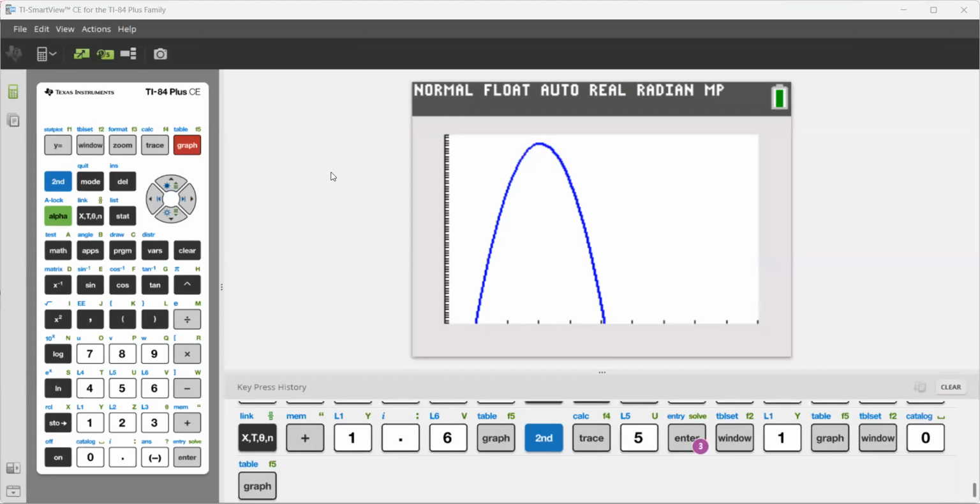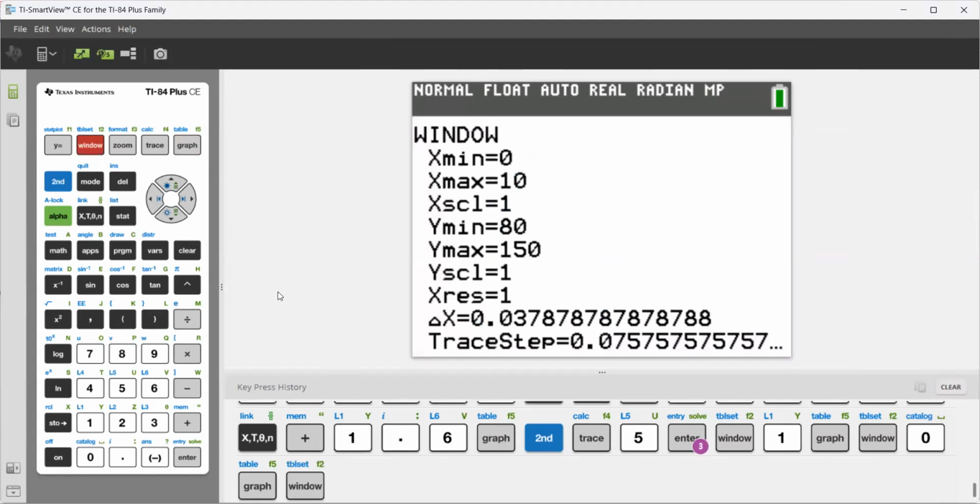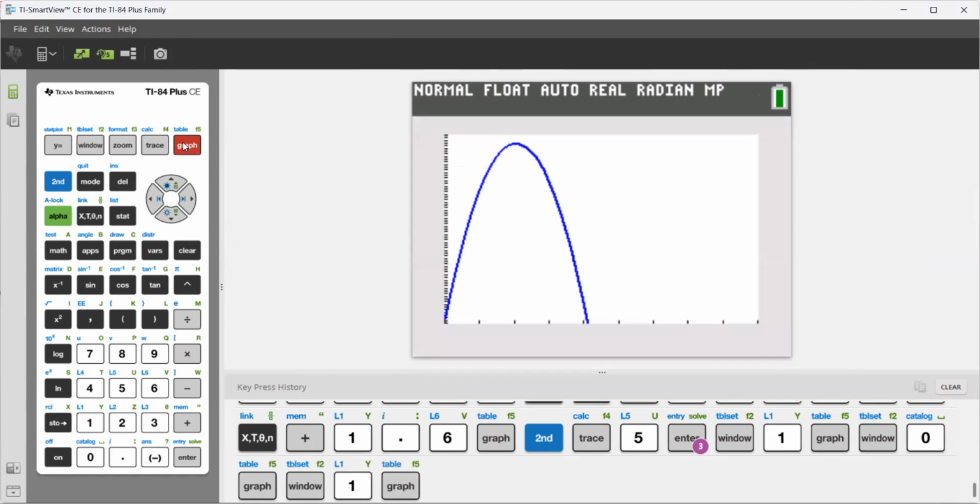Now, if I look at my graph, because I started from x equals 0, I'm going to go to window and change this to start from 1, because that's where the table starts from, right? And then see what I get for my graph. Look at what I have.